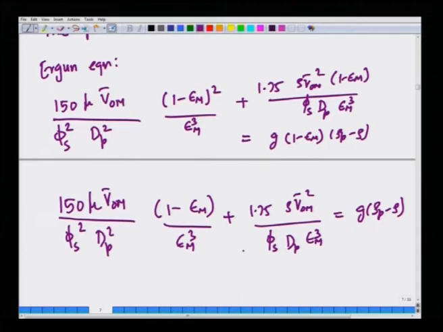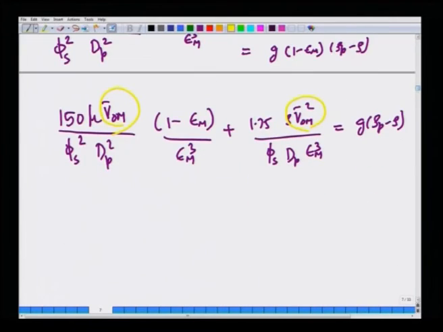So, this gives you a quadratic equation for v_om, because this term is linear while this is quadratic in v_om. v_om is the unknown. So, we can solve it in principle provided we know all the other properties of the bed, such as the porosity and so on.